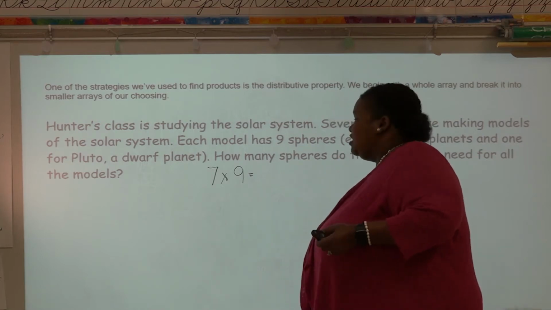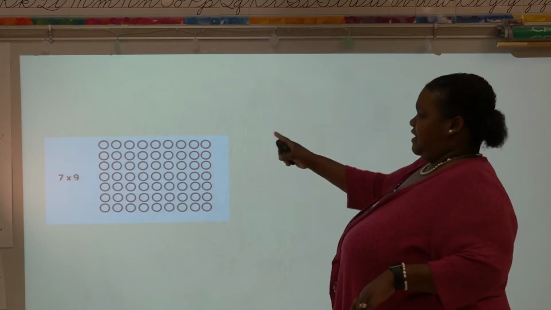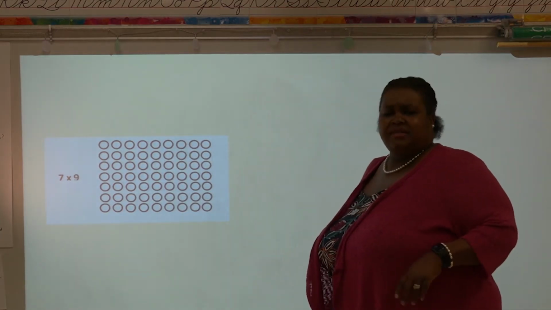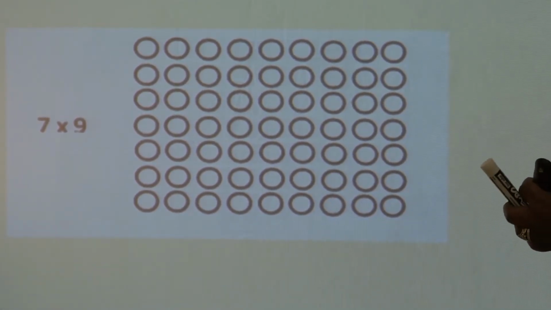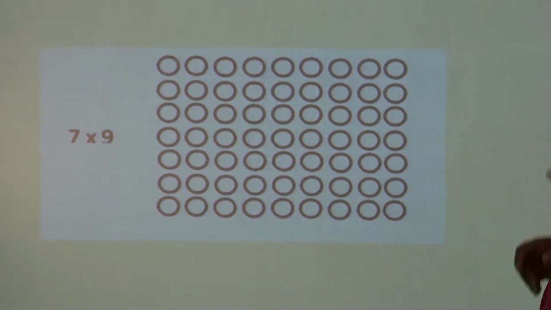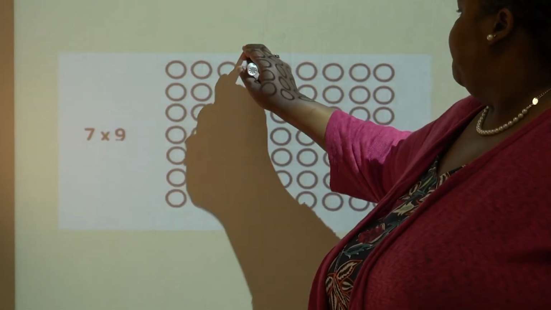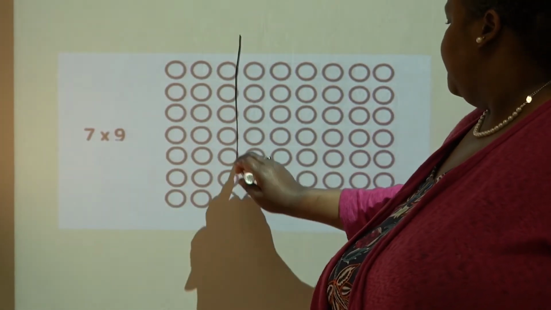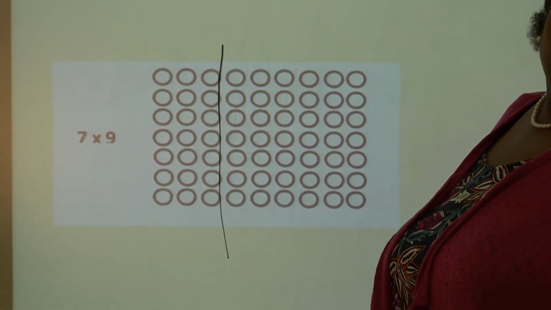Let's use my distributive property. I've drawn it already here. Let's use this. Break it apart and then put it back together again to find the product of 7 times 9. Let's do 1, 2, 3. Yes, I did a vertical cut.